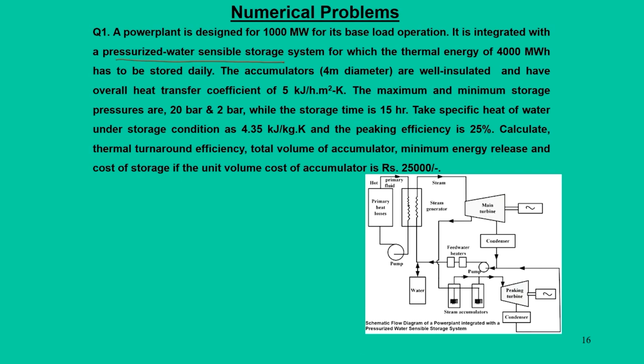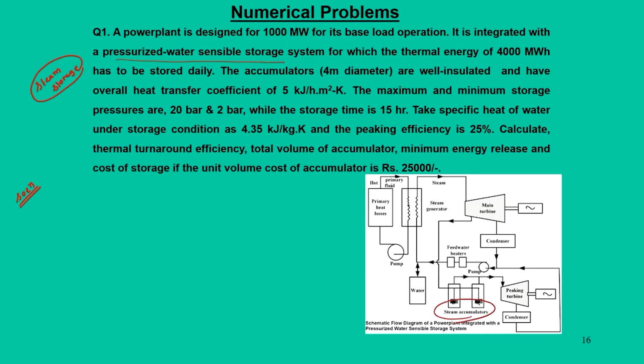So, essentially it is nothing but a steam storage, and the operation is quite similar because it works on the simple principle of the Rankine cycle. So, the solution of this problem starts with the fact that we have the steam accumulator unit.